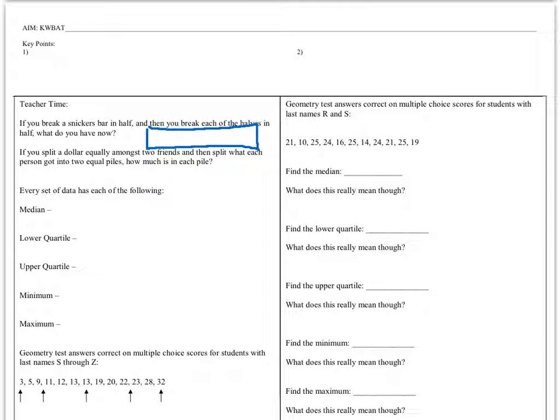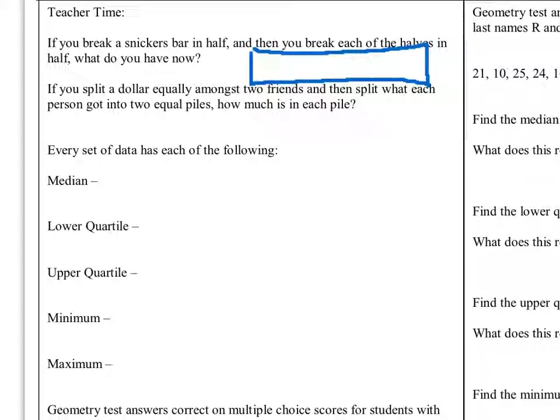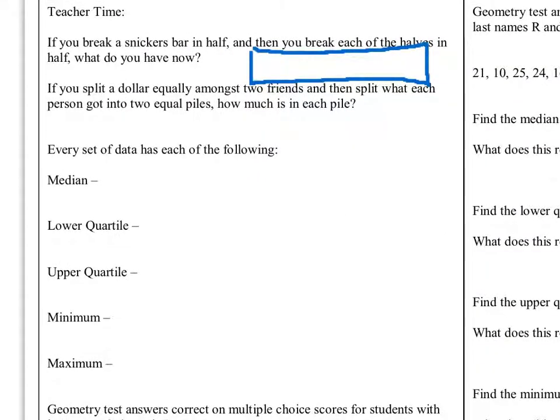Malcolm? One fourth. So if I take it, I can break it in half, and then I break it into half again. I end up with quarters.